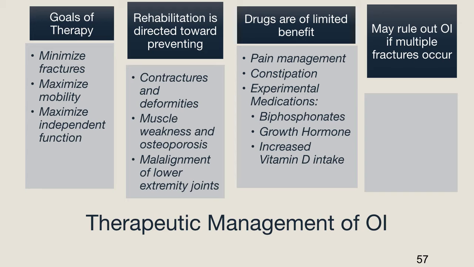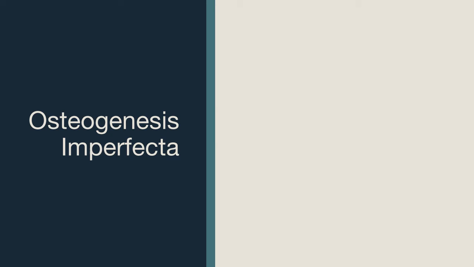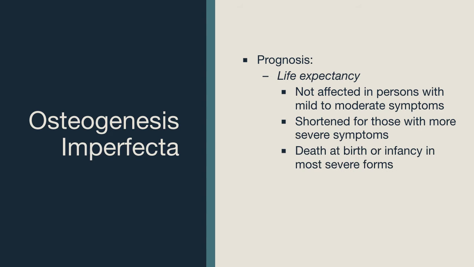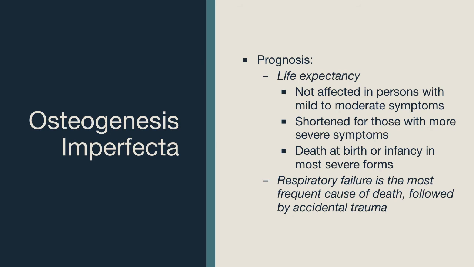If multiple fractures occur, then they need to rule out OI. The prognosis with life expectancy is not affected in persons with mild to moderate symptoms. So in other words, they're going to live as long as anybody else does. With more severe symptoms, it does shorten their life, and in some cases there's death at birth or infancy, or even fetal deaths with the more severe forms.